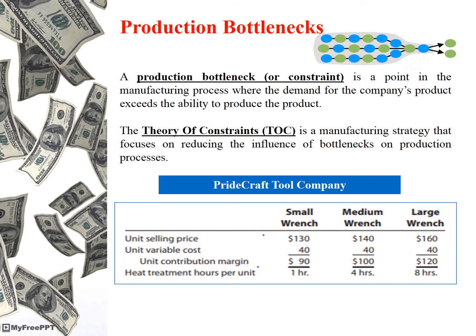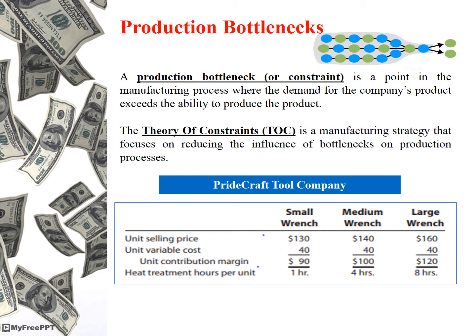To illustrate, assume that Brightcraft Tool Company makes three types of wrenches: the small, medium, and large wrenches. All three products are processed through a heat treatment operation, which hardens the steel tools. Brightcraft Tools' heat treatment process is operating at full capacity and is a production bottleneck.